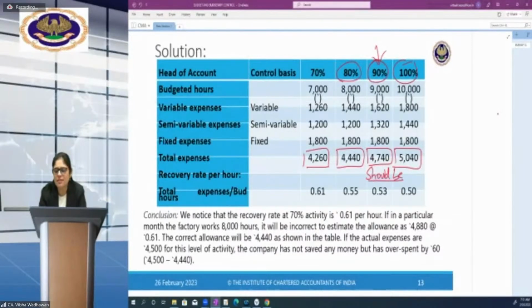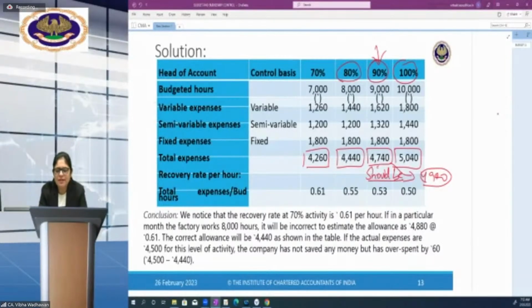If the actual cost is, let us say, 4,900, that means there is a deviation. The budget gives us what the cost should be, and then we compare it with the actual cost. All right. So you can see the conclusion also.